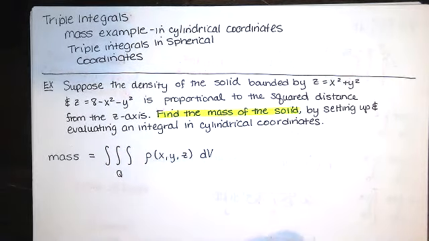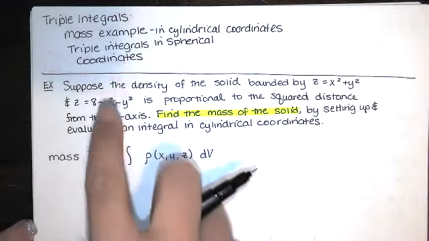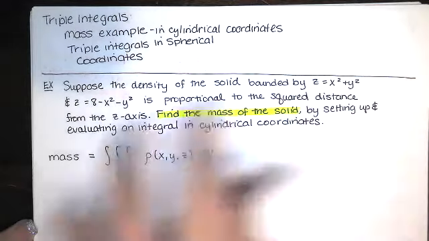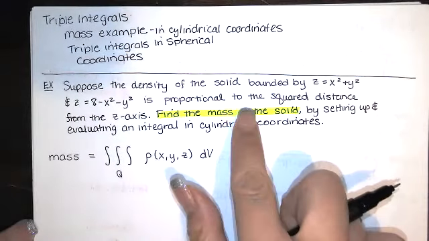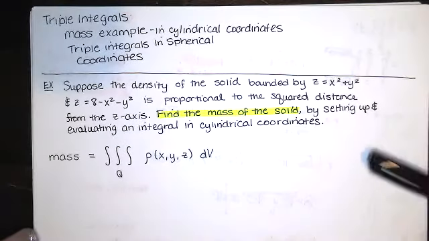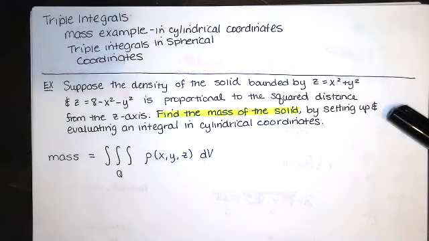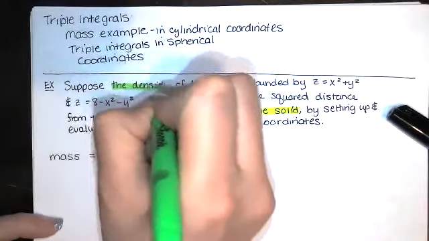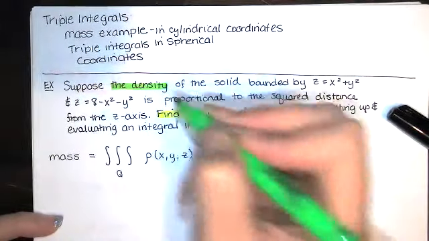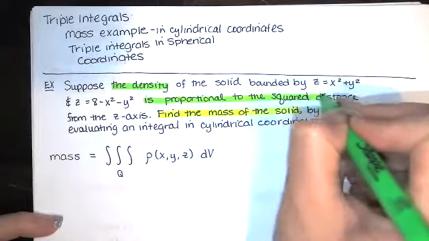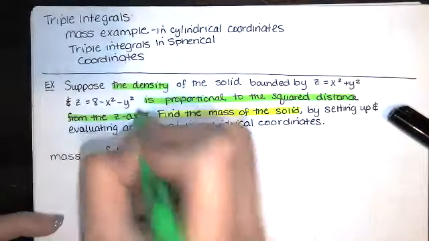So we're setting up a triple integral over Q of this density function. Now, they did not give us the density function exactly. We have to derive it from the problem statement, and we just have to remember a couple of little facts about proportionality. They're telling us the density, our rho of x, y, z, is proportional to the squared distance from the z-axis.